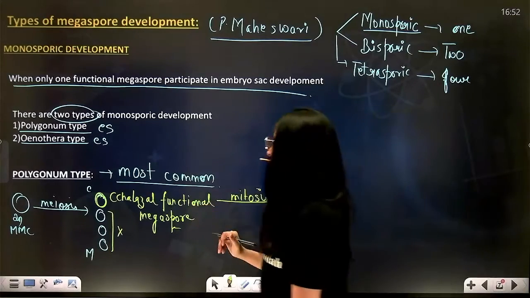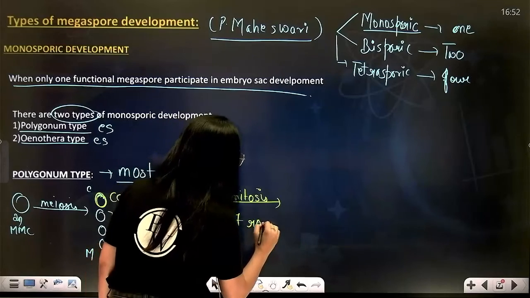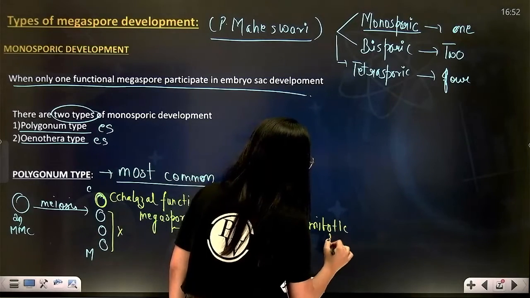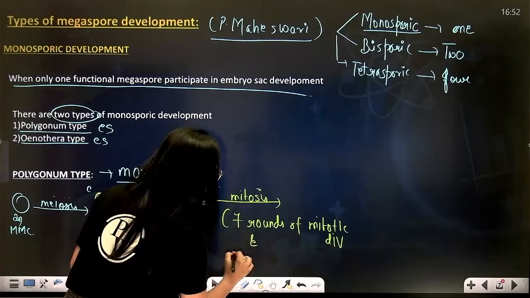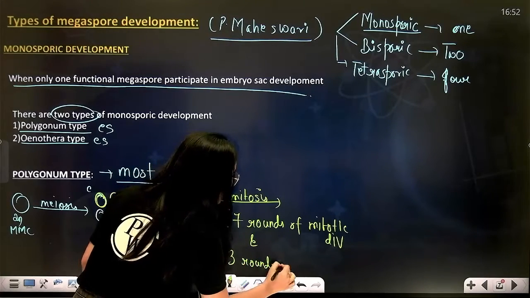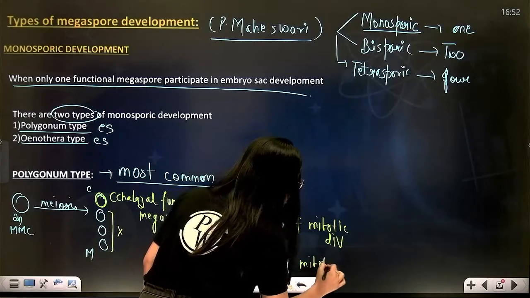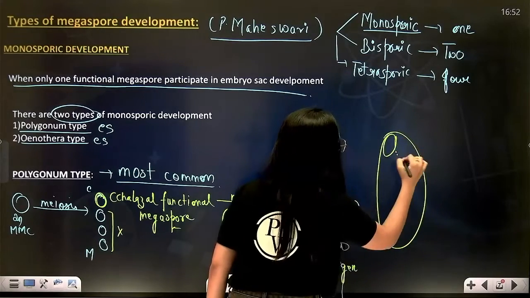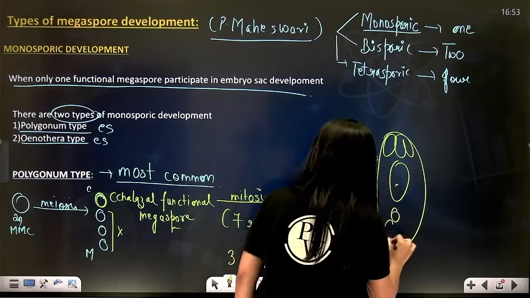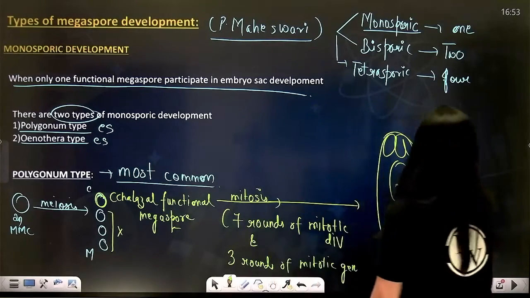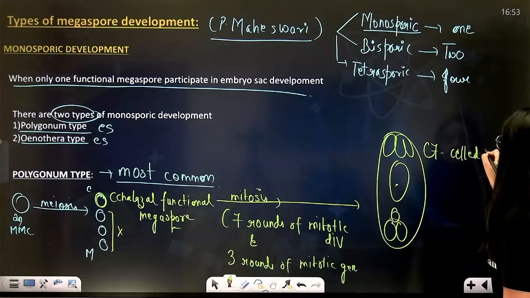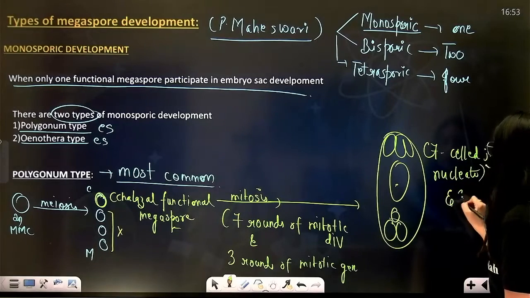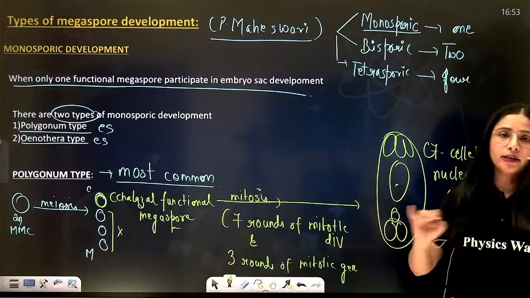I'll show it with the help of a diagram also, but first let me write it. The functional chalazal megaspore will undergo 7 rounds of mitotic division and 3 rounds of mitotic generation to finally produce a 7-celled, 8-nucleate embryo sac, which is the most common type, the Polygonum type, right?